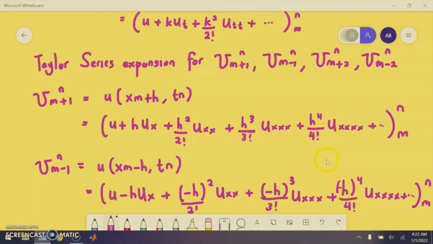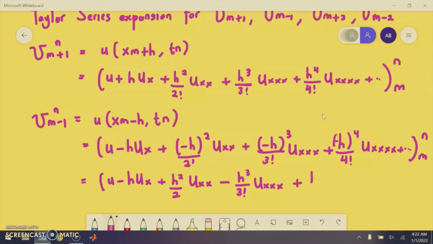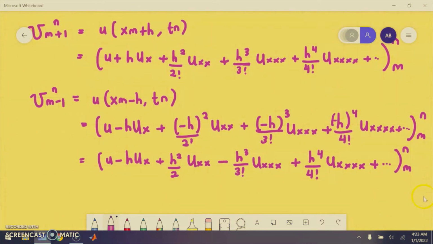I can simplify this to get u minus h ux plus h squared over 2 uxx minus h cubed over 3 factorial uxxx plus h to the fourth over 4 factorial uxxxx, and so on. Okay, this is for u_{m+1}^n and u_{m-1}^n.